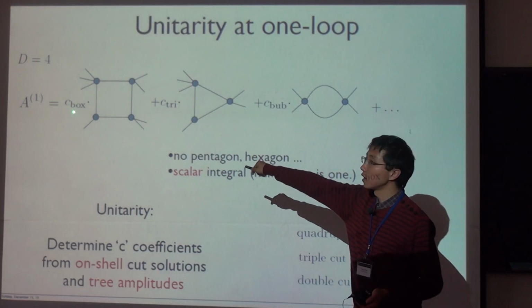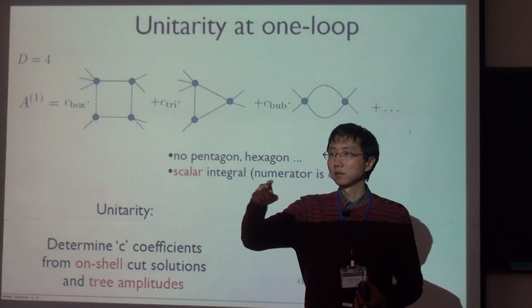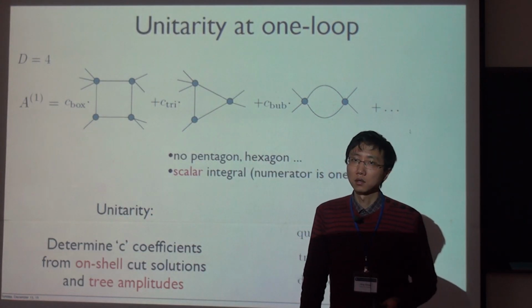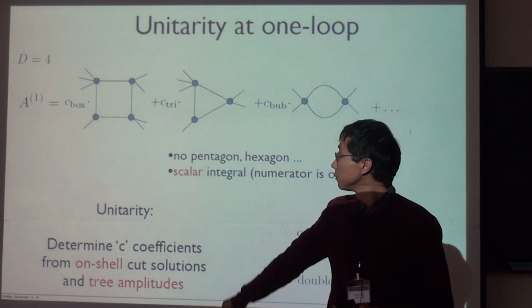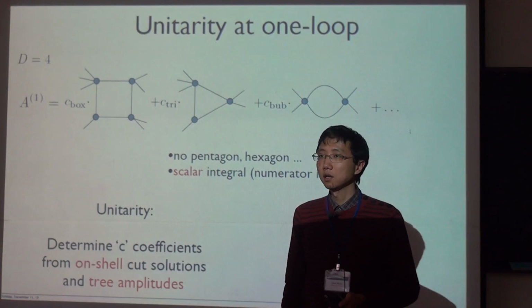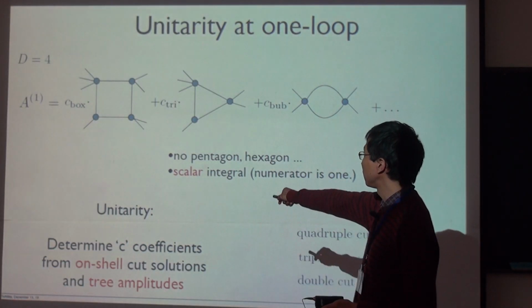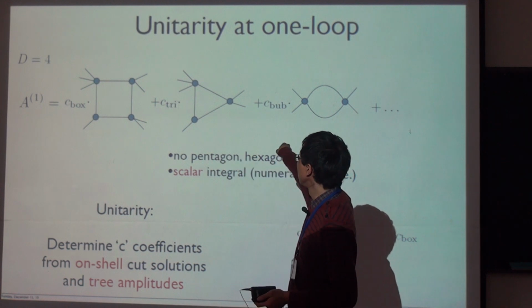This C is just some constant. For the box, the numerator is 1 and the denominator is a product of 4 Feynman propagators, a one loop integral. This is a mathematical object calculated by mathematicians. The physics object is the coefficient coming from the theory, from the vertices, and from the kinematics. So unitarity tells you that you don't need to start from Feynman rules to get these C coefficients.